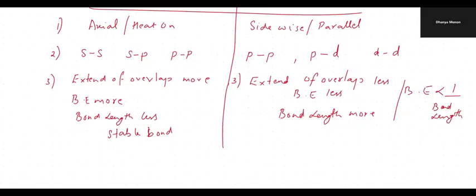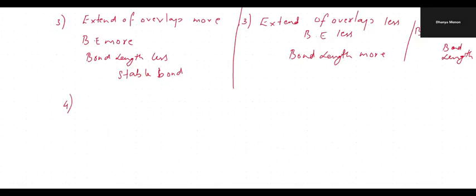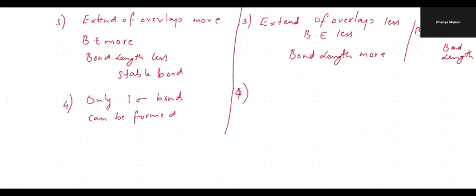Now, in all these bonds we saw, even if it was a multiple bond, double and triple bond, only one sigma bond can be formed. For pi bond, how many pi bonds can be formed at most?